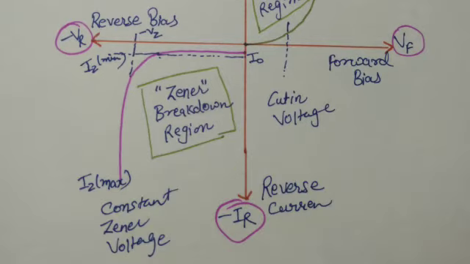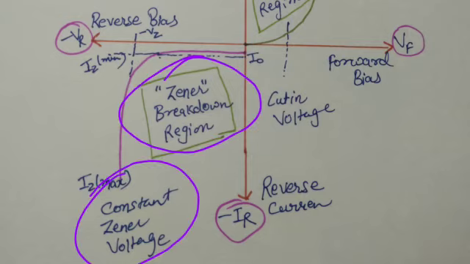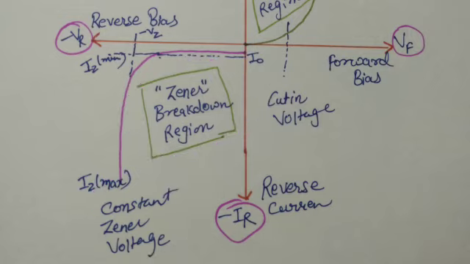When reverse bias voltage is applied, it allows only a small amount of leakage current until the voltage is less than the Zener voltage. When reverse bias voltage reaches Zener voltage, it starts allowing a large amount of electric current.